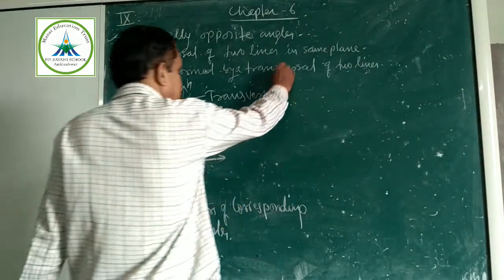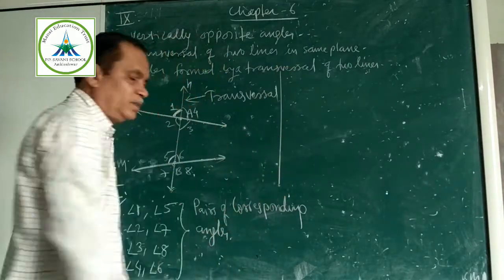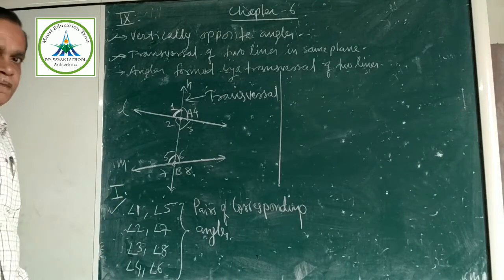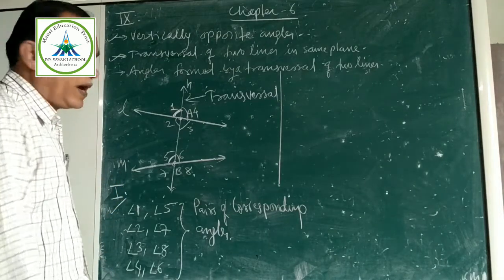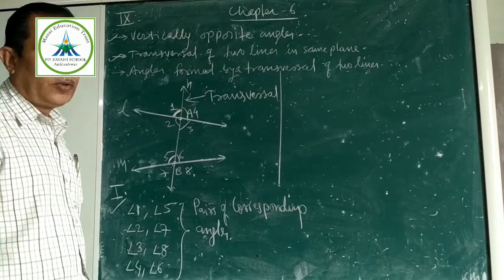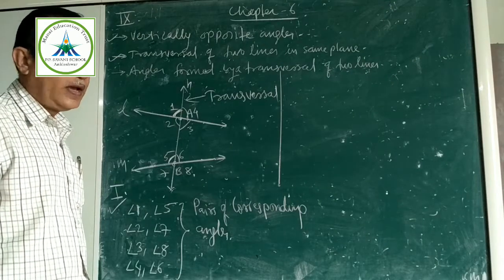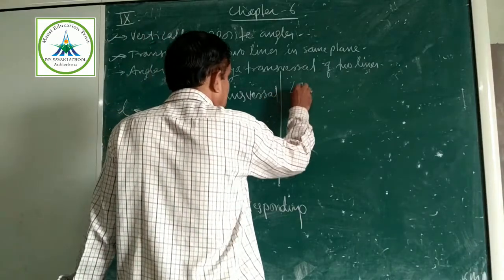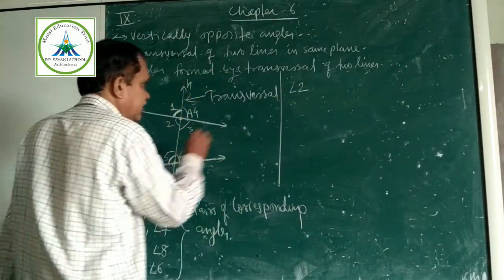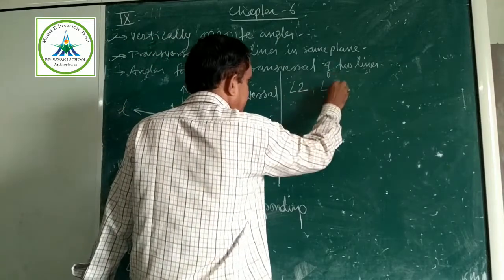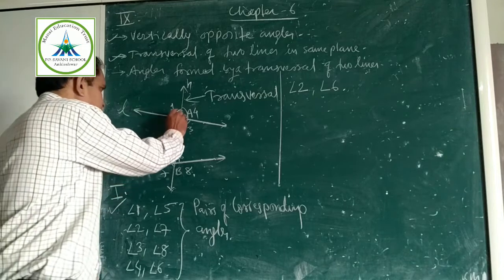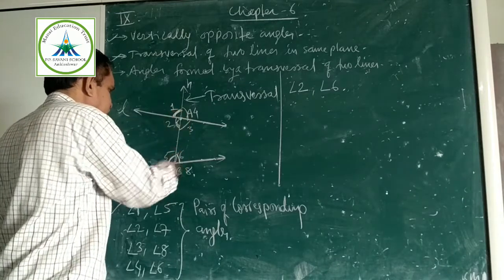Now see, I am looking at the diagram again. All are ready? Yes. I am writing 1. Now, angle 2 and angle 6.